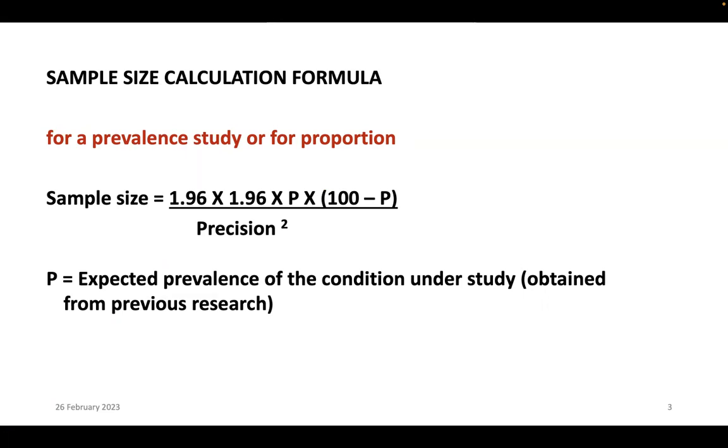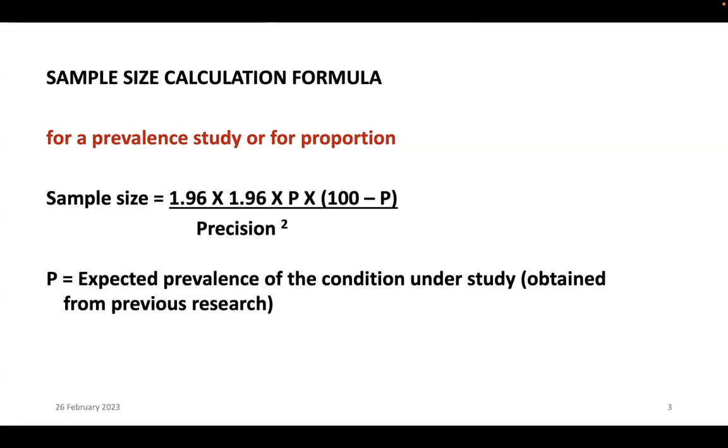A previous study shows that maybe 30% of village women were having respiratory illness. So P will be 30. 100 minus P means the proportion of individuals who do not have that outcome, so 70% of women were not having respiratory disease.